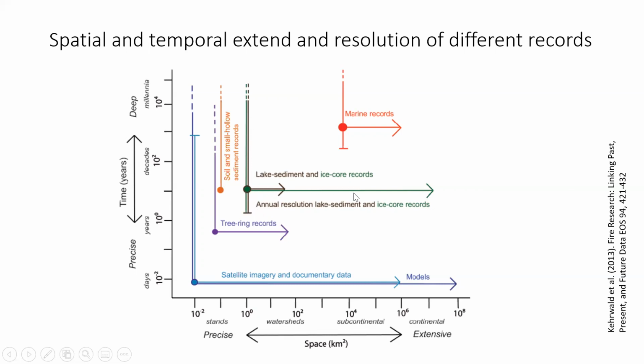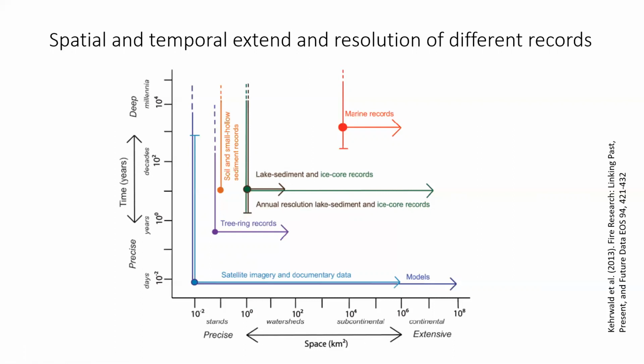But then the temporal extent can go to millions of years, also with lake sediments, and then you can get maybe regional, or if you have multiple sites, continental and even global extent. And also from ice core records, you usually have quite wide spatial extent, and also quite good extent in time as well.